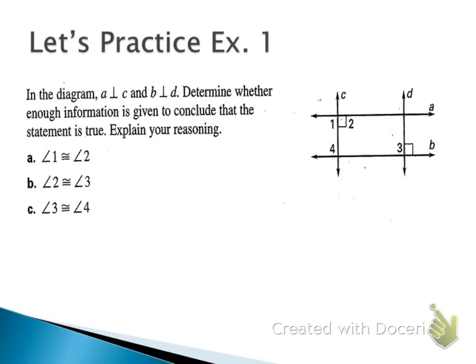Why? We know that 2 is a right angle. What do we know about 1? It's also a right angle. If A and C are perpendicular to each other, then all 4 of these would be right angles. So we know that 1 is also a right angle.